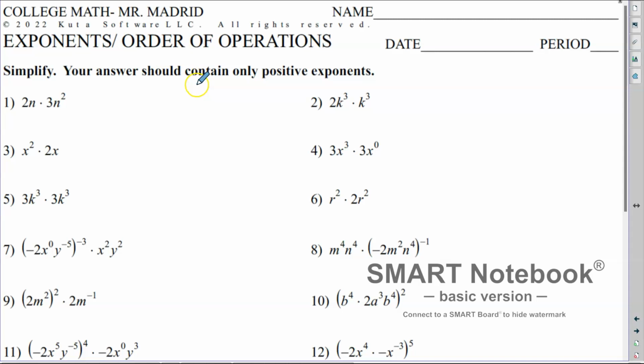About every 6 problems we go from easy to medium to hard, and after problem 18 we again have order of operations, easy, medium, hard. So let's sample through this.